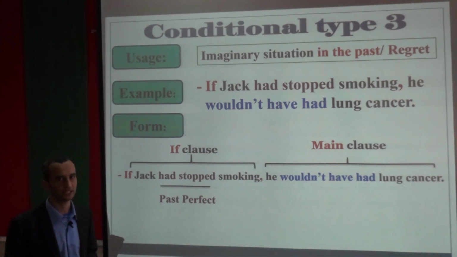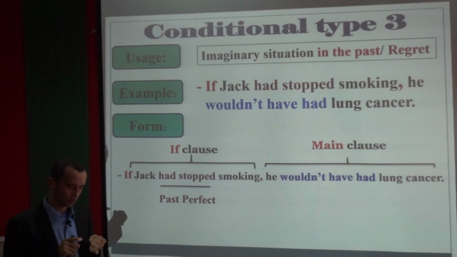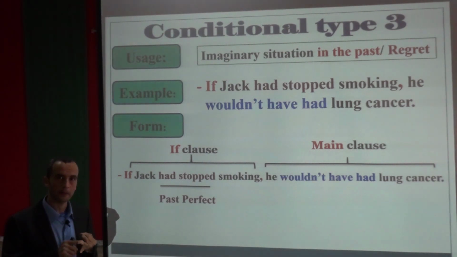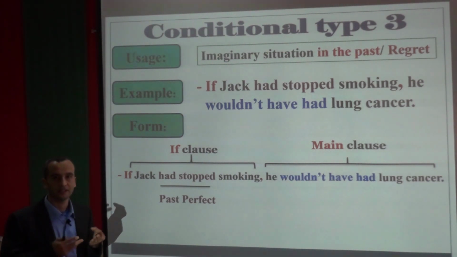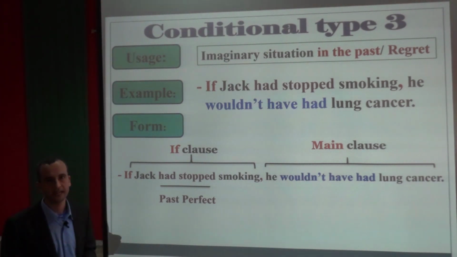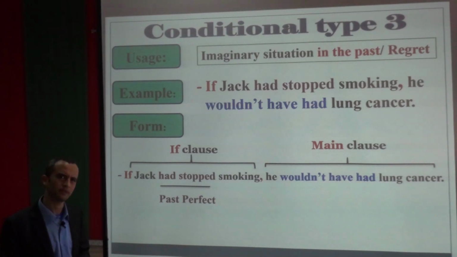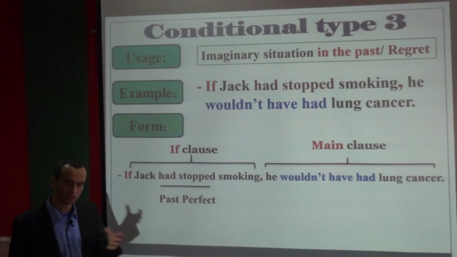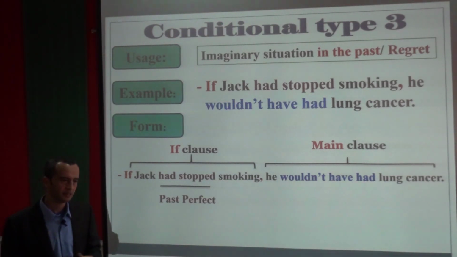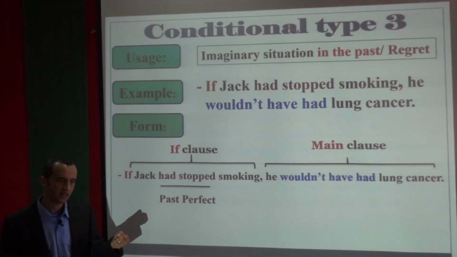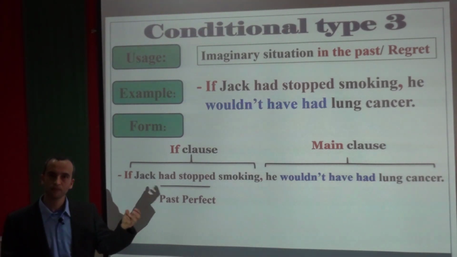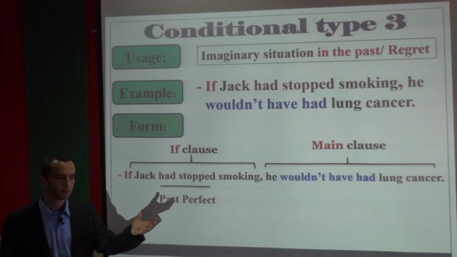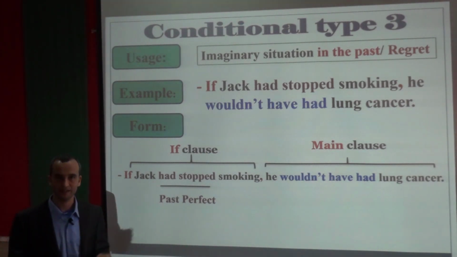Now remember, dear students, could have, should have, might have. All these expressions are followed by a past participle. What does it mean, past participle, by the way? Past participle is the third form of the verb. For example, let me give a very simple example. Speak, base form, okay? Simple past, we say spoke. Past participle, spoken.